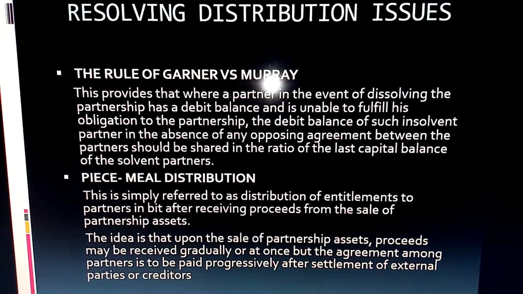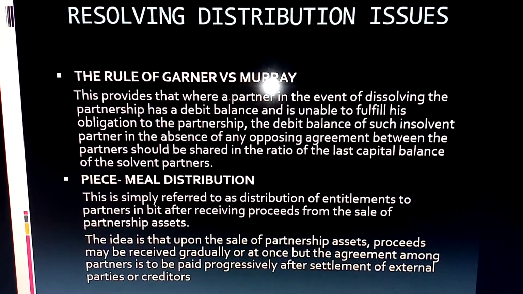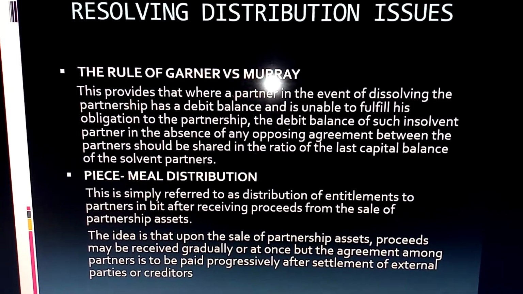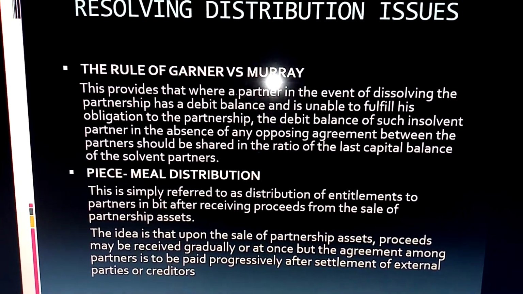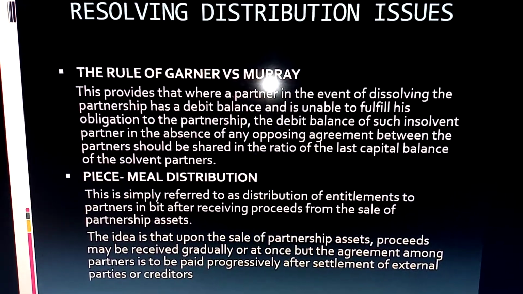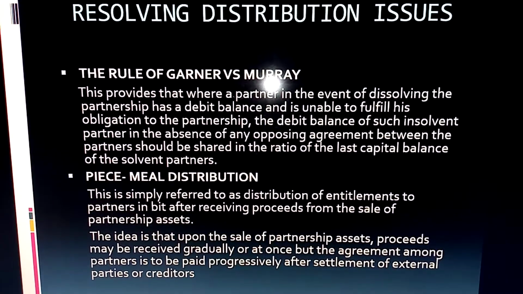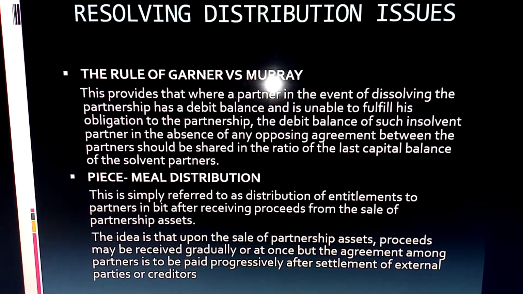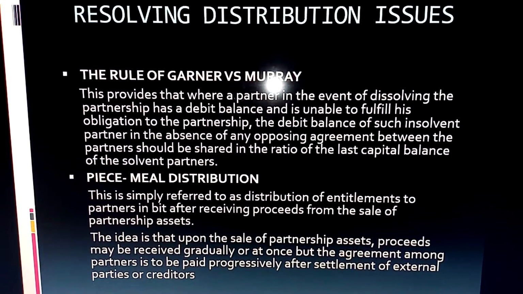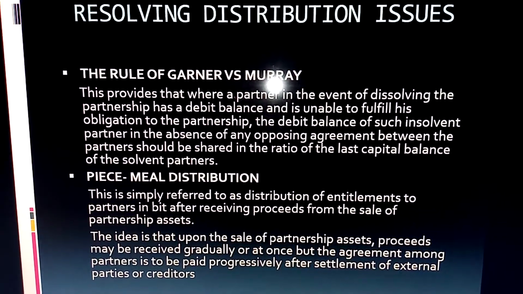So the rule of Garner versus Murray states that in the event of dissolving a partnership and a partner has a debit balance, that debit balance is expected to be shared among the solvent partners in the ratio of their last capital balance. Okay, this of course is where there is no other agreement as to how the debit balance should be recouped.